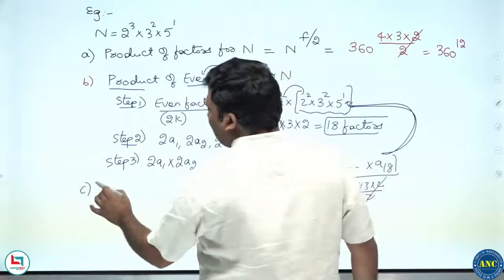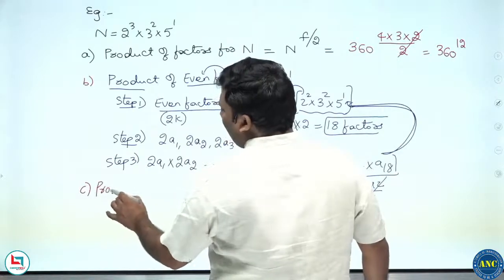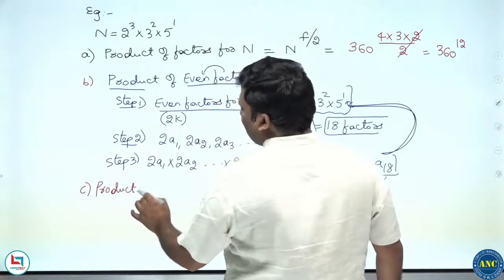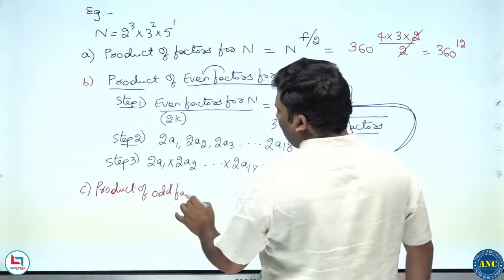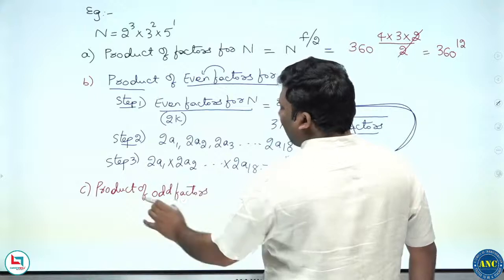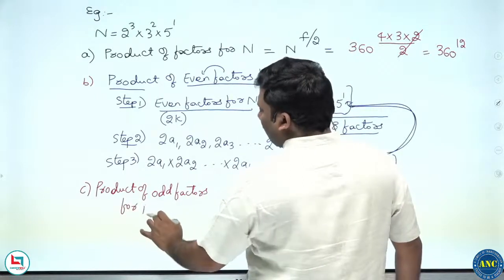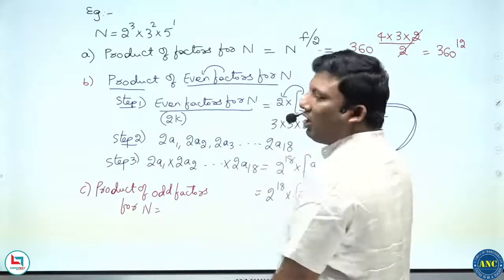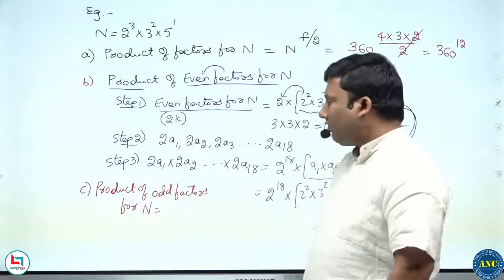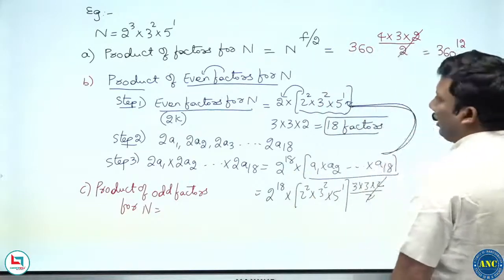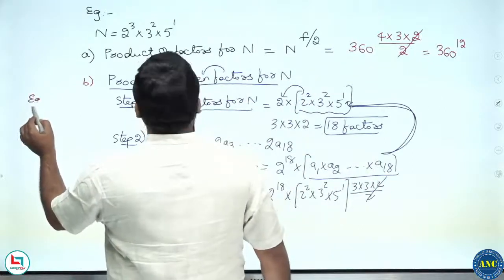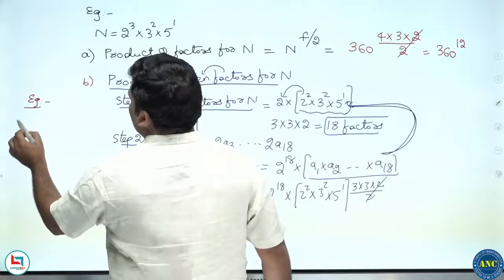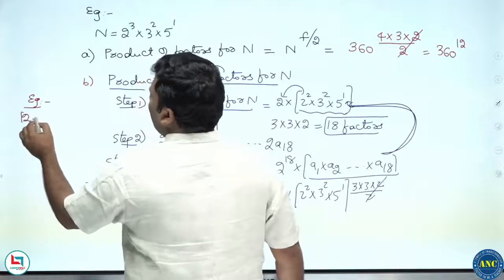Suppose the question is the product of odd factors for n. Two ways you can look at it. Now see here. For example, if 12 is there, what are the factors for 12?